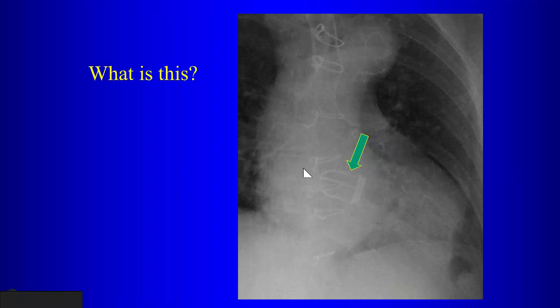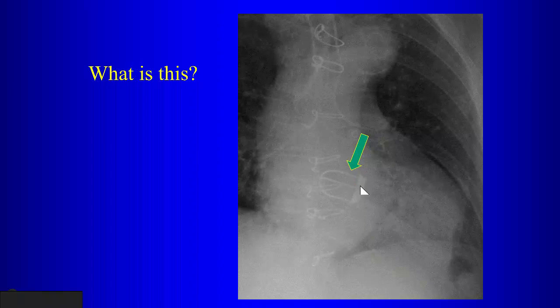Okay, anybody know what this is? Yeah, so this is a very old type of cardiac valve. It's actually a ball and cage valve, so there's a radiolucent ball in here, right?